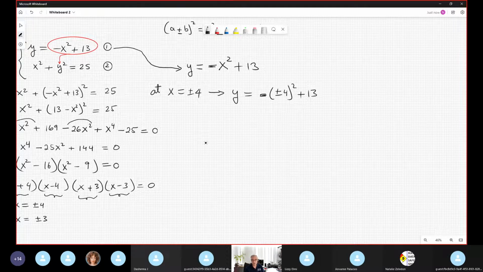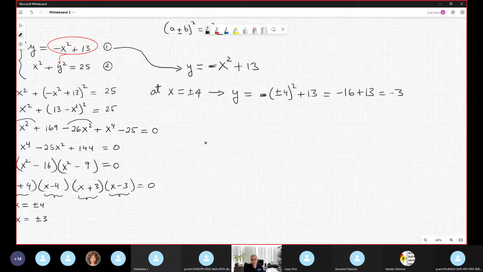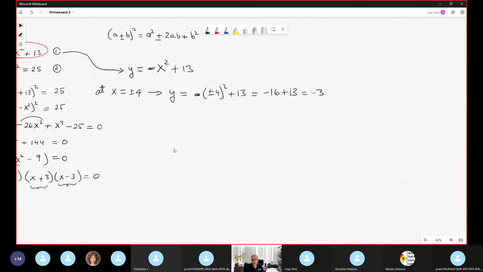But it doesn't matter when you square positive or negative, the answer is 16, negative 16 plus 13. And the answer is negative 3. Actually, we have 2 points. The points are 4 comma negative 3 and negative 4 comma negative 3. The y is the same, but 2 different values of x have the same y value.